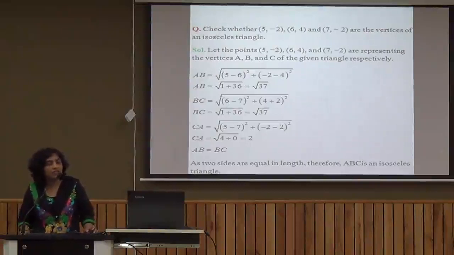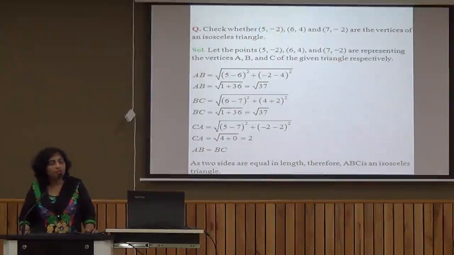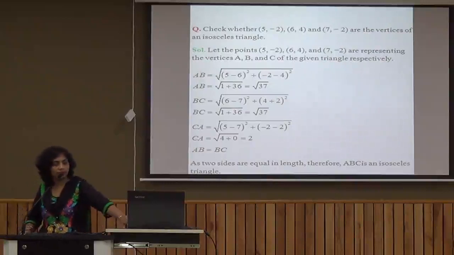So we see that the lengths of AB and BC are equal. Therefore, by the definition, the triangle is an isosceles triangle.